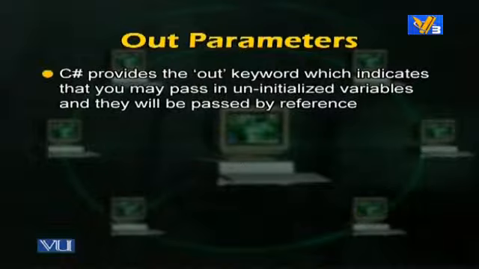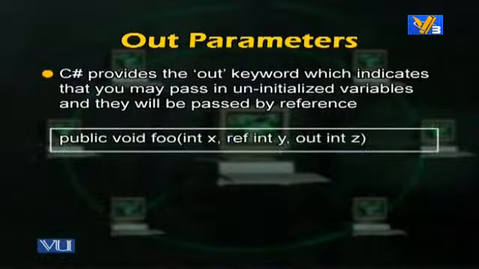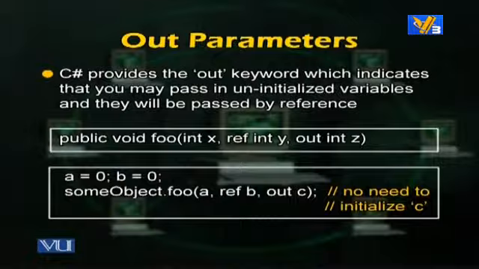So the solution to that is out parameter. C# provides the out keyword which indicates that you may pass in uninitialized variables and they will be passed by reference. So here is an example. We have public void foo int x comma ref int y comma out int z. So in this particular case what happens is we call this method again.